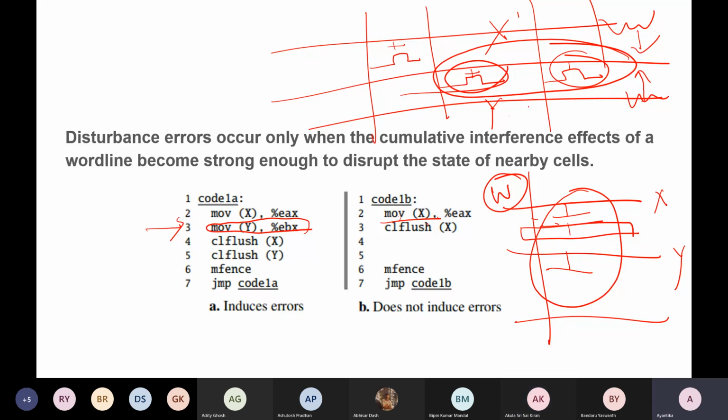Of course, there is a possibility that the toggling is affecting the adjacent rows also. But for the attack purpose, they have tried these two rows so that the effect is strong here. Got it? Yes, ma'am.